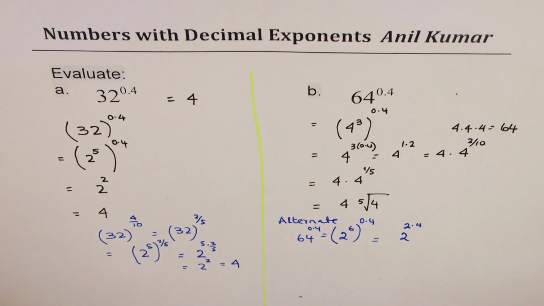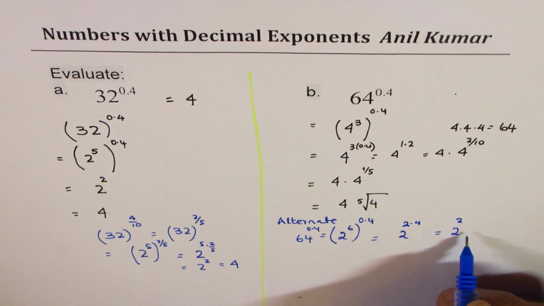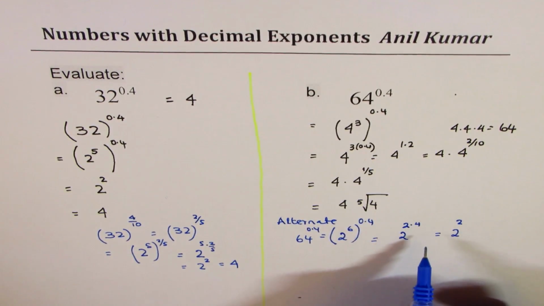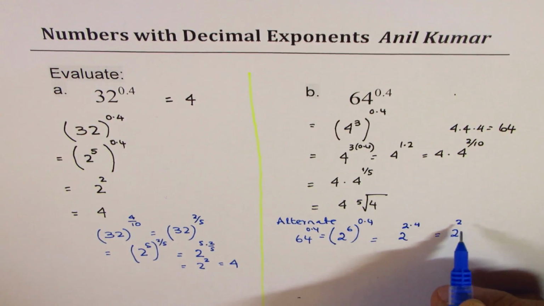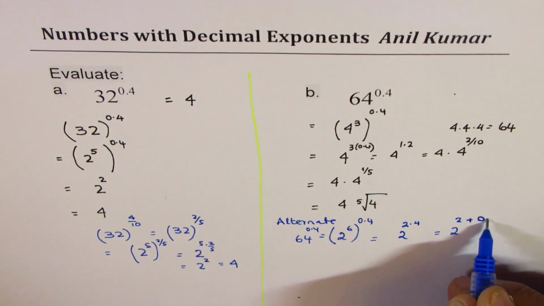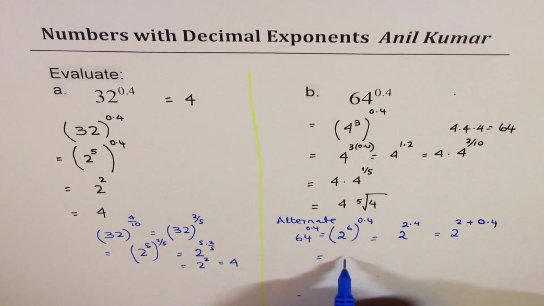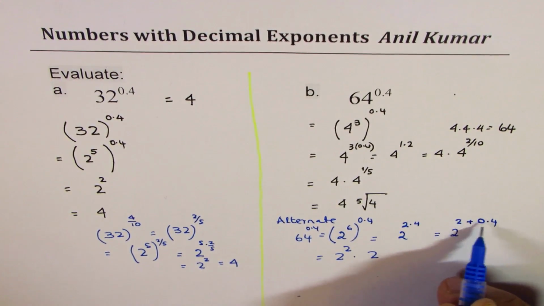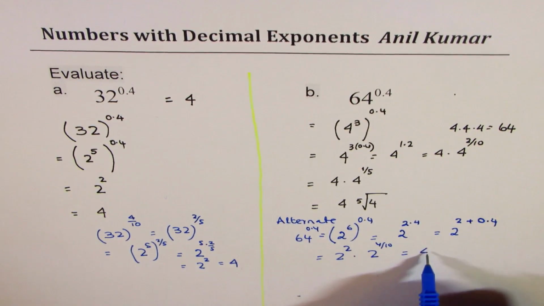2.4. Now that means 2 squared, right? And 0.4 means what? 4 over 10, correct? This is like 2 plus 0.4. Do you see that? That's why I'm writing this as 2 squared times 2 to the power of 0.4, or 4 over 10. 2 squared is 4, right?